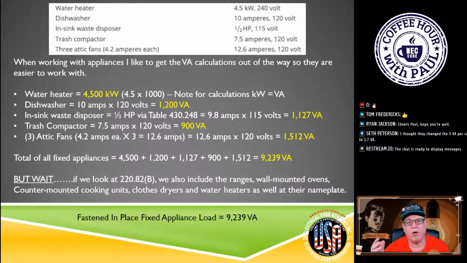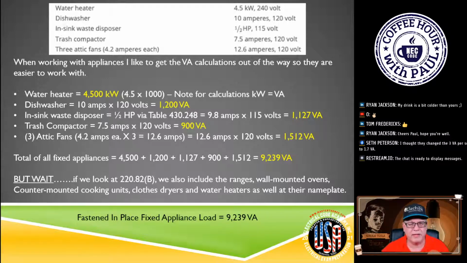All right, so we got a water heater, 4.5 kW. We know that we treat that the same as what? It's equivalent to kVA. Of course, we know we want to break all these things down into VA. That's how I like it. So 4,500 kW is the same as 4,500 VA. You know I like VA, so we're going to break it down to that.